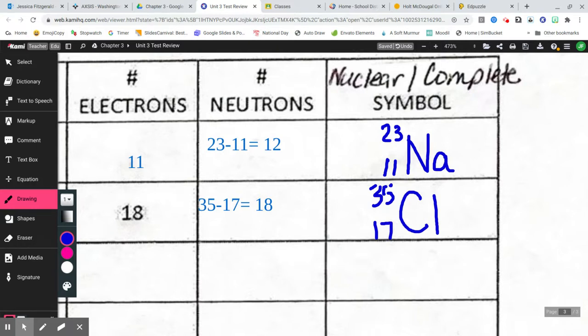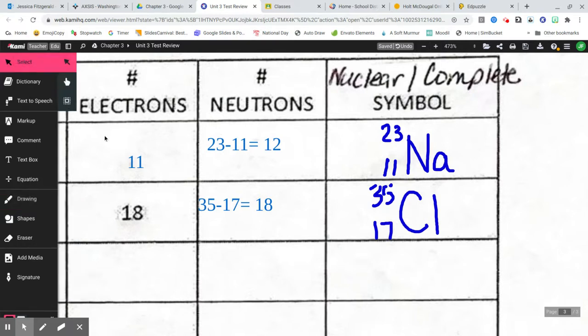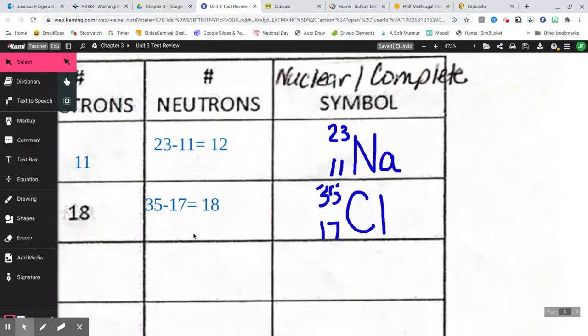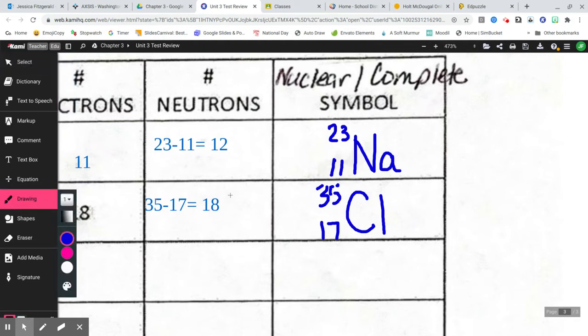Now, to figure out your charge, you need to focus on your protons and your electron number. So what's the difference? The difference is 1. What do you have more of? Positive protons or negative electrons? Negative electrons. So that means that your charge is going to be a -1 charge.